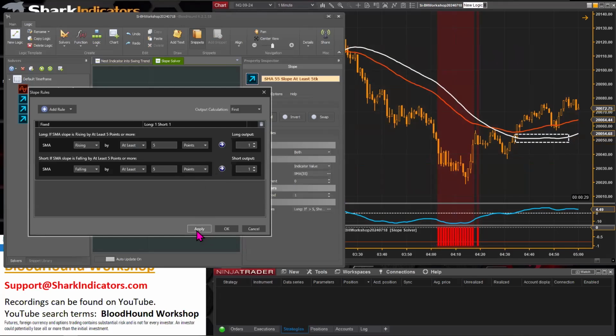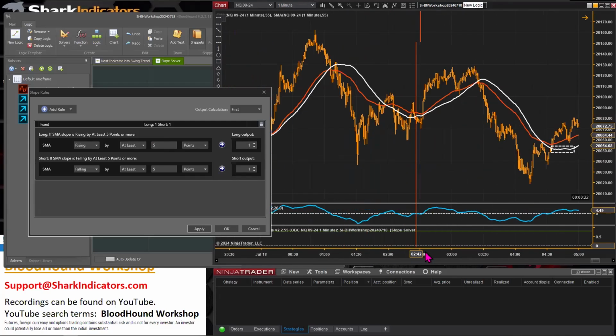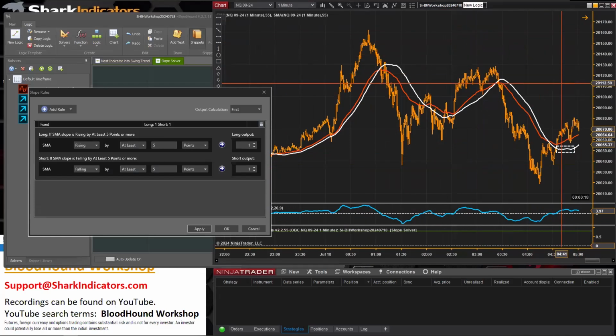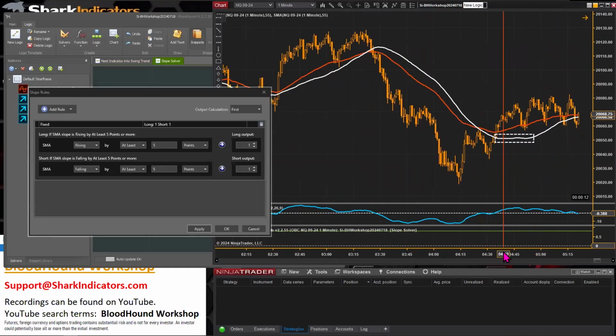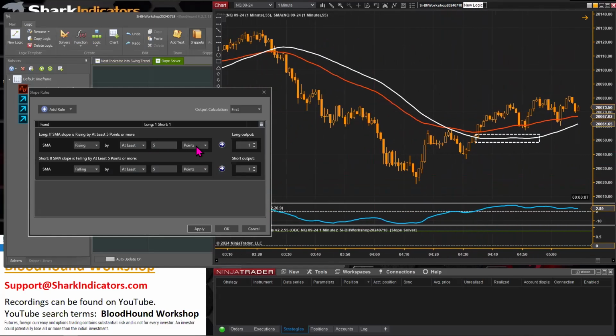Now I'm pretty sure there's probably nowhere where the SMA moves 5 points of slope. And yeah, I didn't think so. Yeah, 5 points of slope. My guess is you probably only see that if you move up to hourly charts or definitely daily charts, right? Something like that.